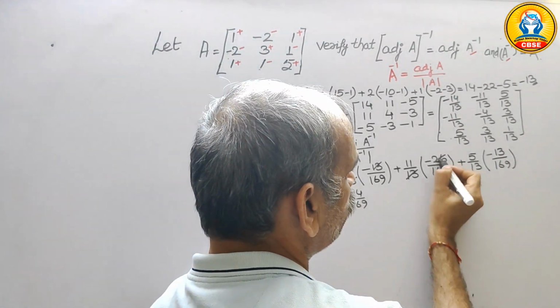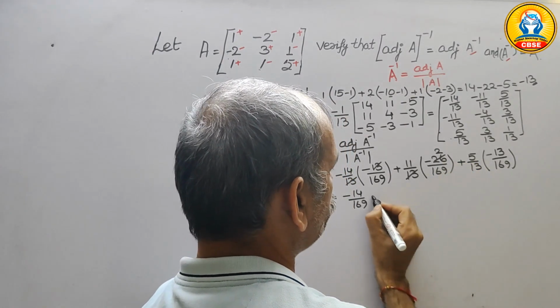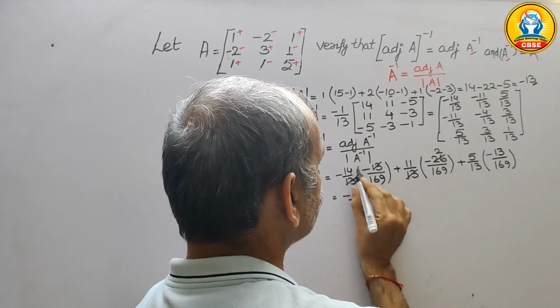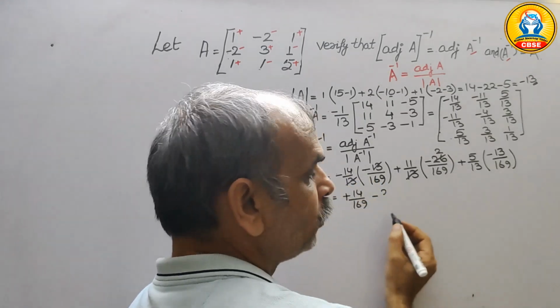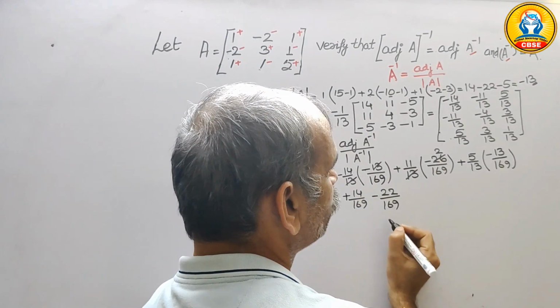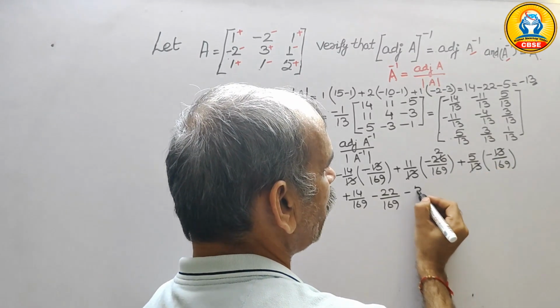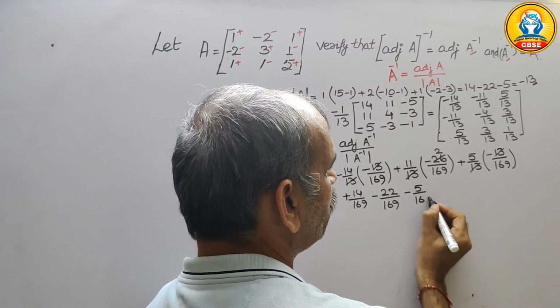This 13, it will go 2 times. So here we will get minus 22, minus into minus is plus, sorry. So this will be 22 by 169. And here 13 and 13 gone, we will get minus 5 by 169.